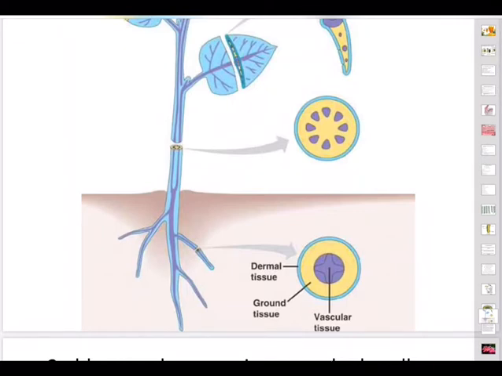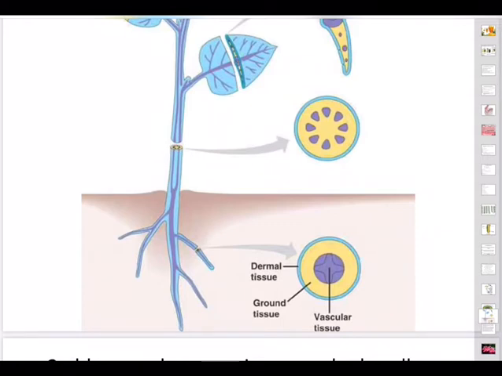Then we say the vascular bundle is radial. And when xylem and phloem are on the same radius, as you are seeing here, then we say conjoint vascular bundle. And out of the two types of vascular tissues, xylem and phloem, if one forms a solid core while the other surrounds it completely on all sides, suppose xylem is like a mass and phloem is surrounding that mass of xylem, then we say concentric.